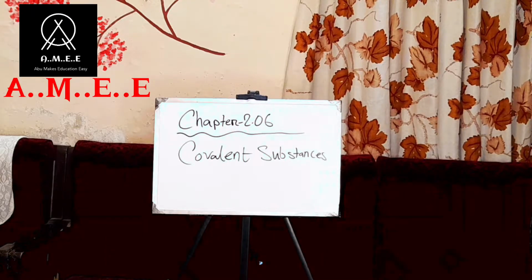Iodine is a good example of molecular solid. Each iodine molecule contains two atoms held together by a strong covalent bond. What is molecular solid? Molecular solids are solids that are essentially collections of molecules held together by intermolecular forces, IMFs.